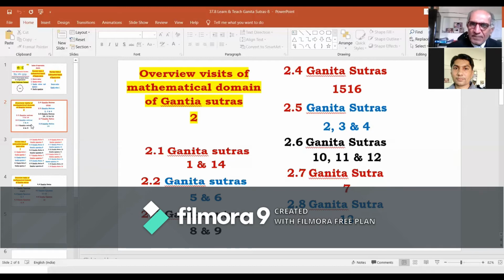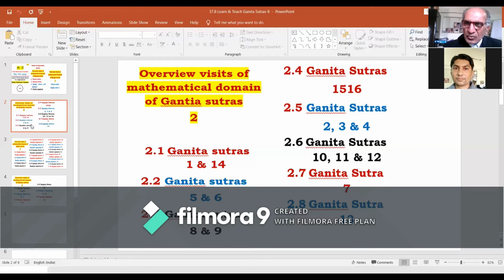The third step of overview of Ganita Sutras comes to be the mathematical domains of Ganita Sutra 8 and 9. One may have a pause here and take note that Ganita Sutra 8 and 9 are having 16 letters each.